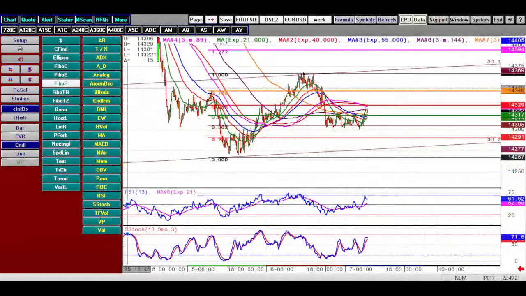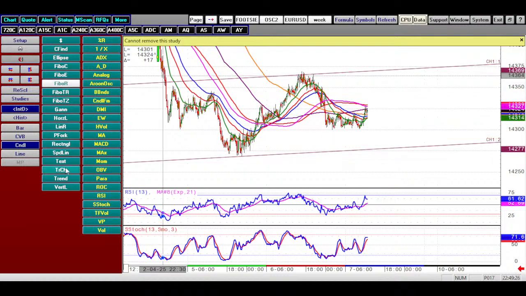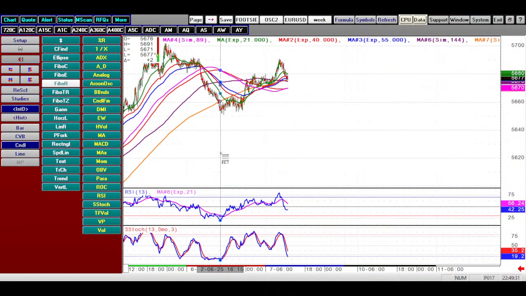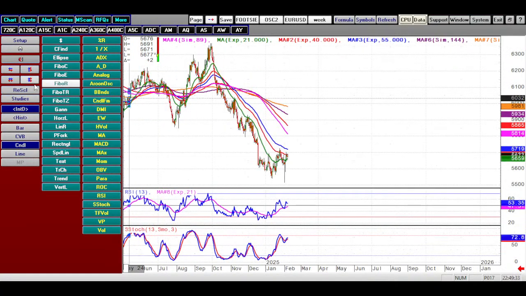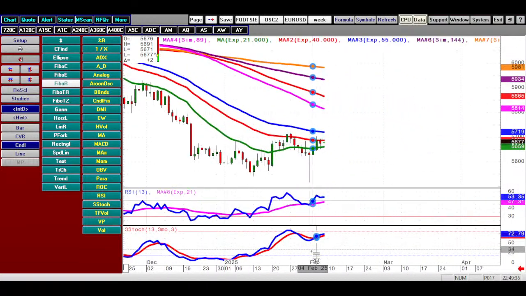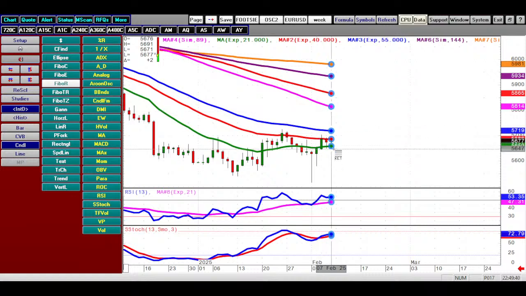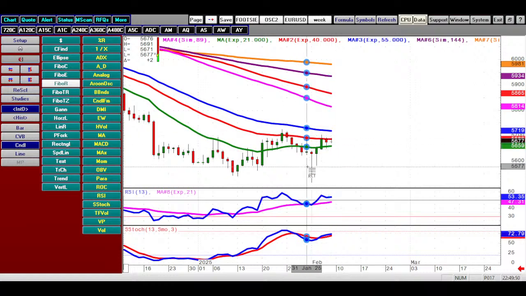Okay, let's confirm it with the chart. The chart is similar to the Aussie dollar. Aussie dollar also we had a similar pattern.